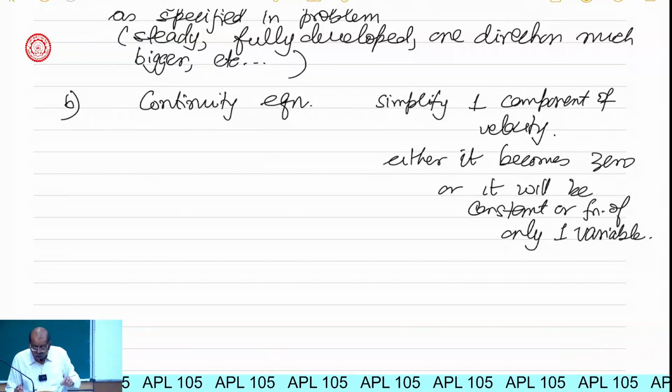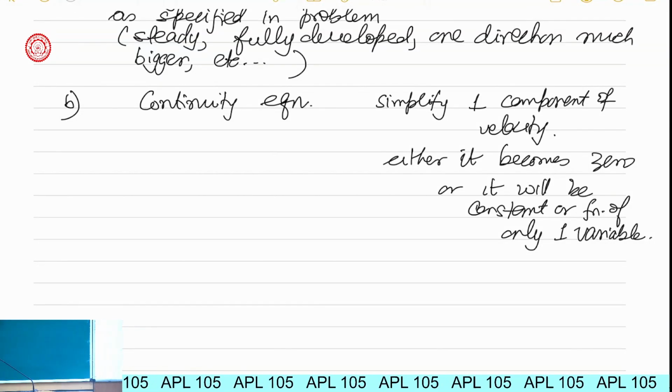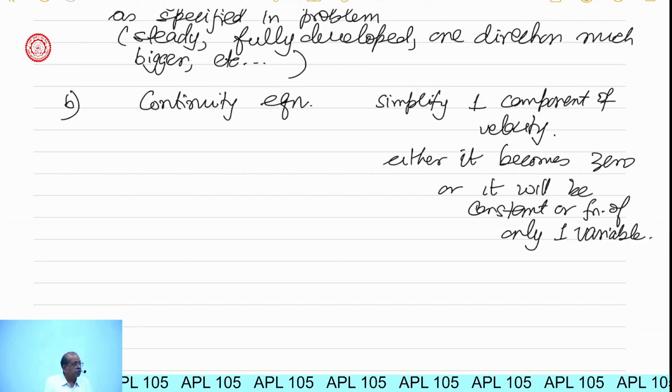Okay? Other simplifications might come in axisymmetric flow, velocities will not depend on theta. If there is no gravity in the theta direction, pressure will also not depend on theta. So things, steady flow, if it is unsteady, then you can't say partial by partial t is 0. Then that will stay.